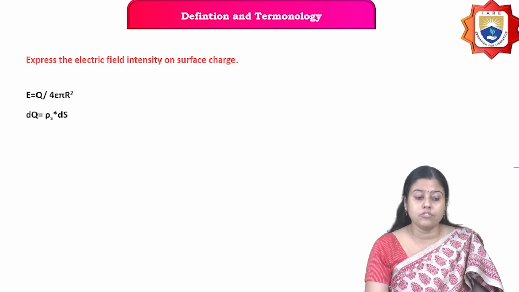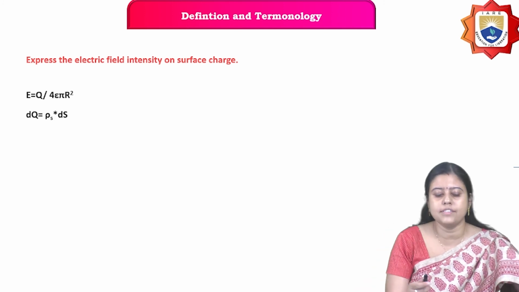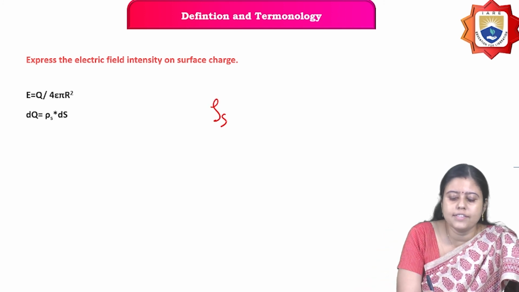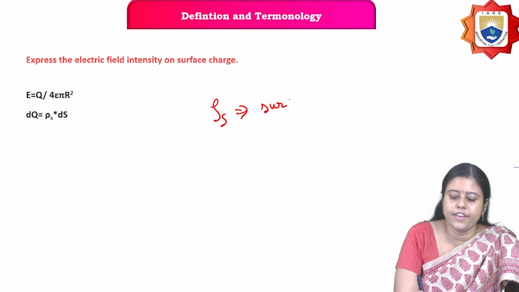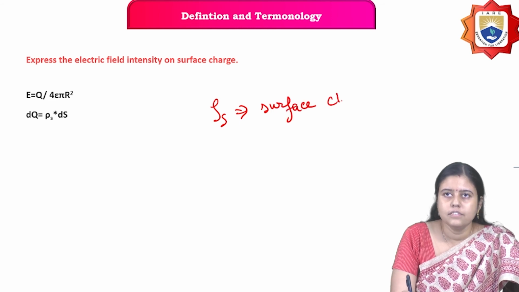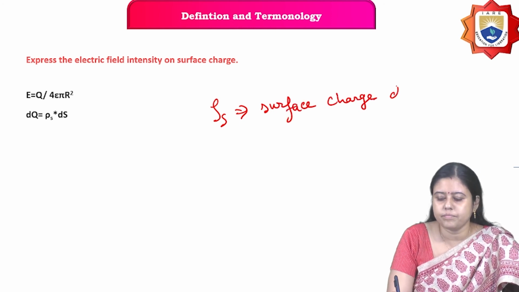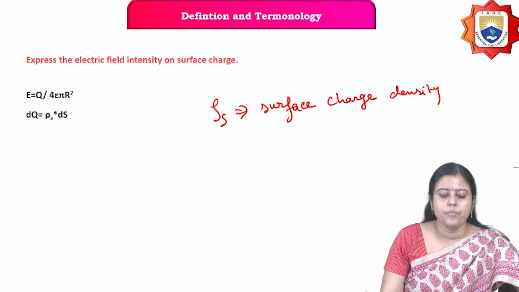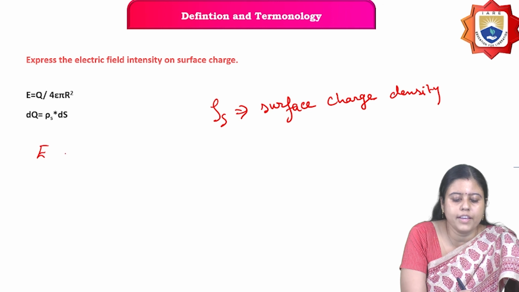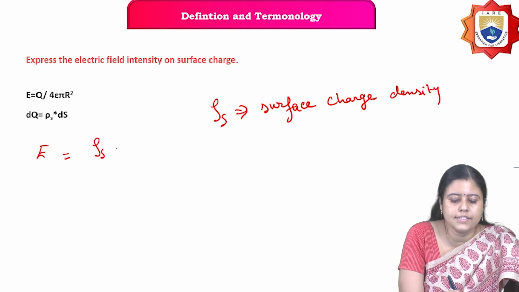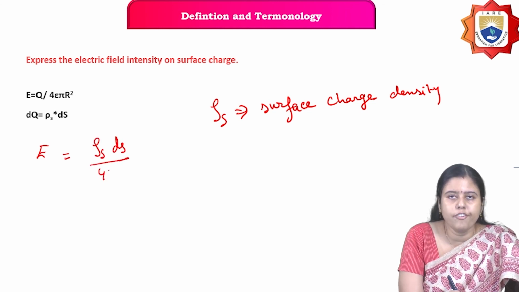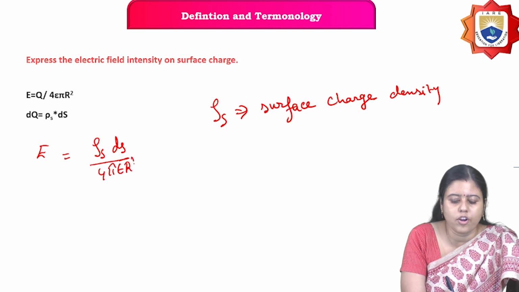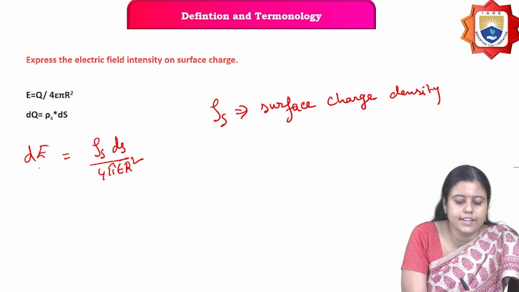And we also know dq is equal to rho s ds, where rho s is known as the surface charge density. So what is the value of Q? dE is equal to rho s ds by 4 pi epsilon r square.